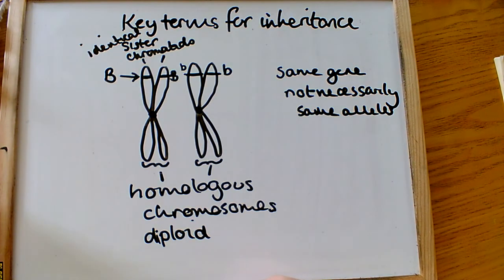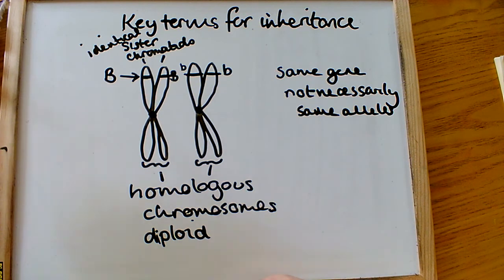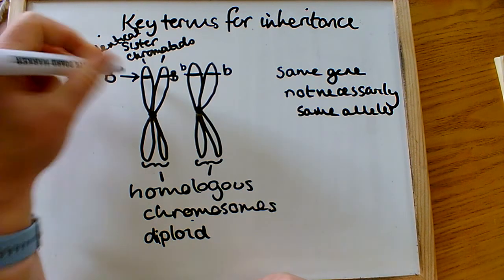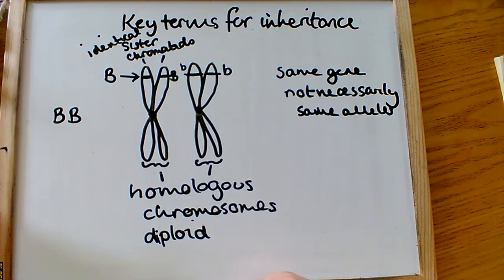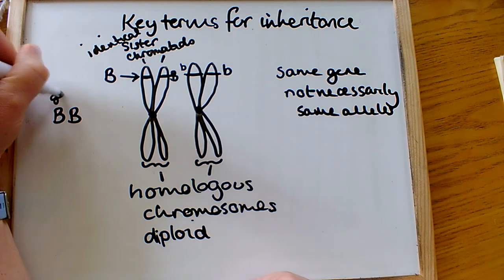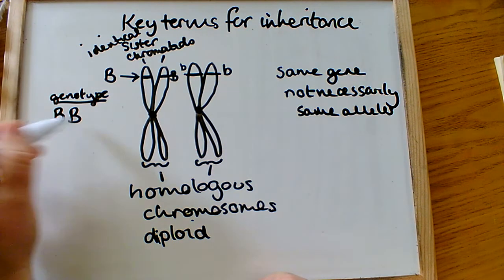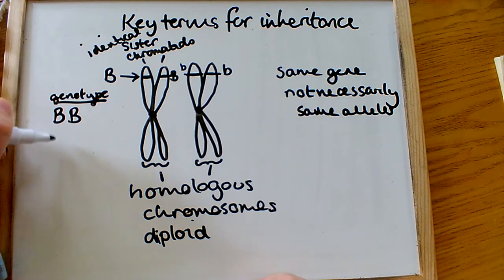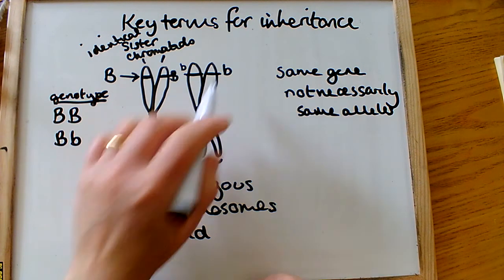So we could have homologous chromosomes showing the same alleles, so they could both be big B, and we'd say that the genotype is big B, big B. Or it could be what we've shown in this diagram, which is a big B on one chromosome and a little b on the other.